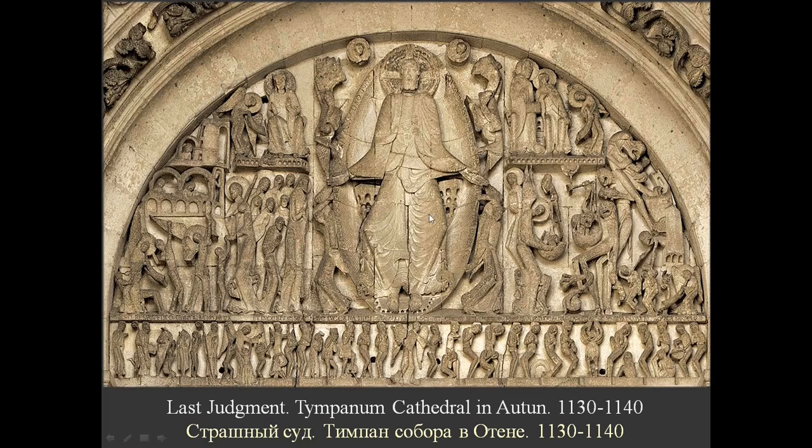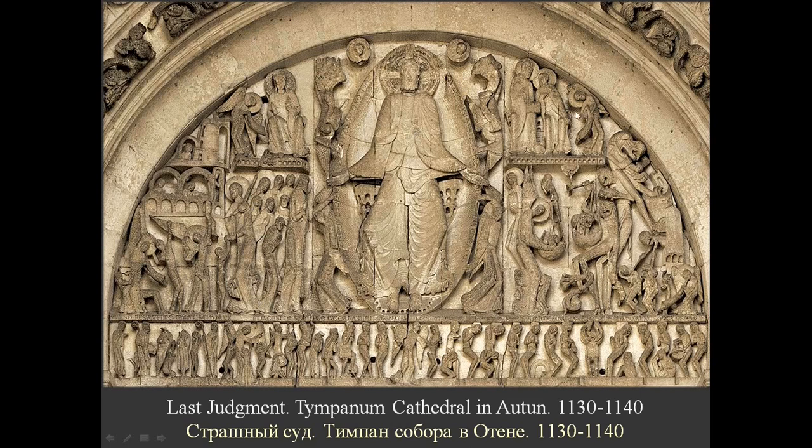Around Jesus Christ's depiction we can see the motif of punishment, and here we can see the rows of people that are going to be judged on the Last Judgment day. We can see the torture, we can see the suffering of people that didn't pass this last exam, and we can see some ugly creatures, demons here, and also angels.